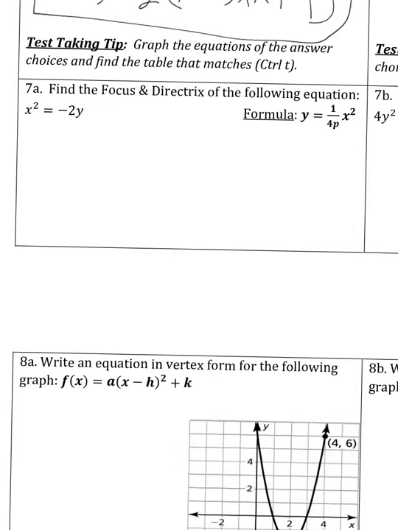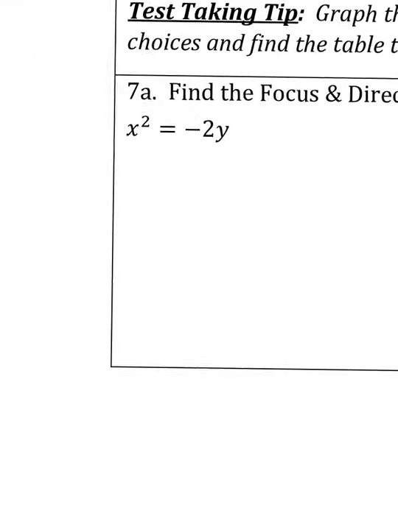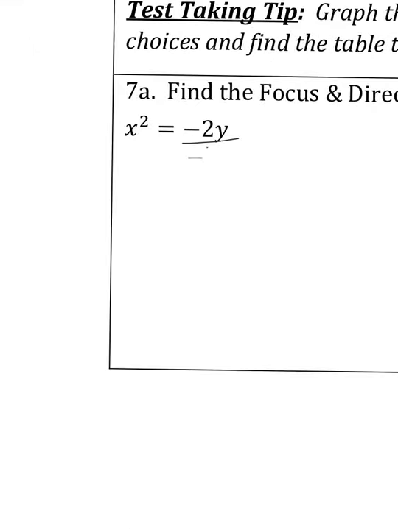Number 7, find the focus and directrix. So let's see here. We need to get this to look like that. So what we're going to do is divide by negative 2. And so we have y equals, and we had 1x squared divided by negative 2, right?